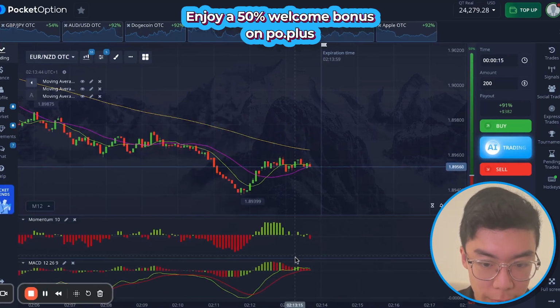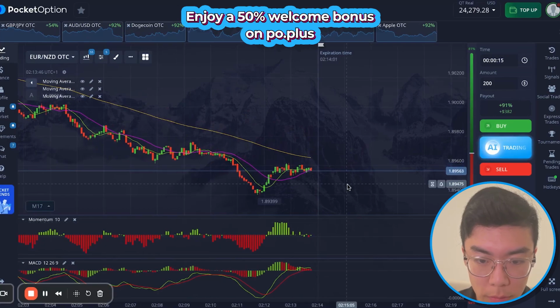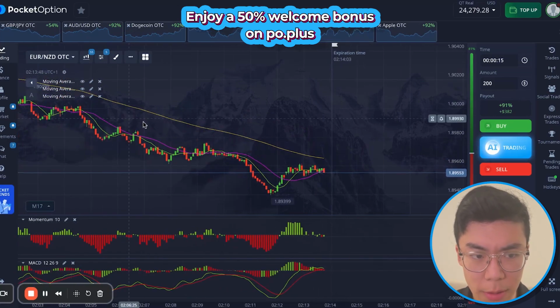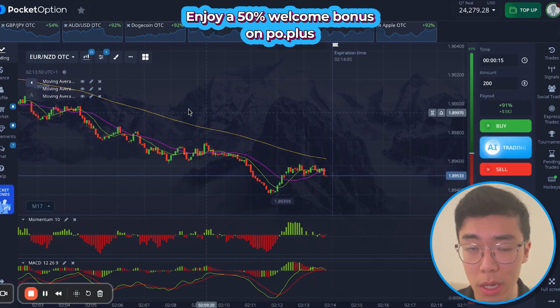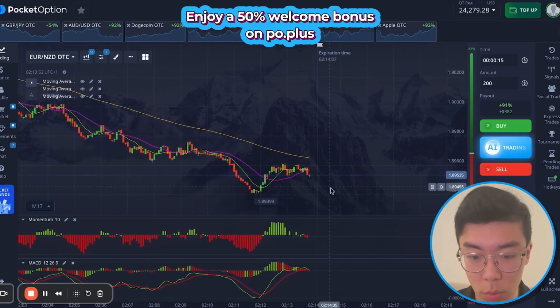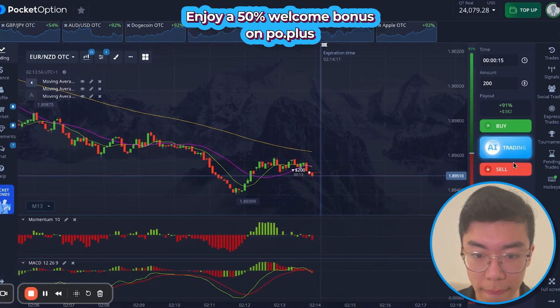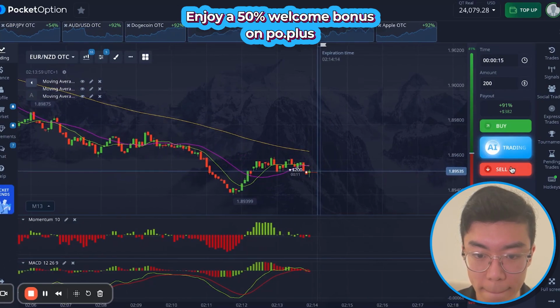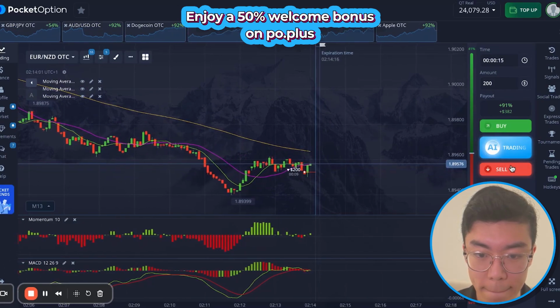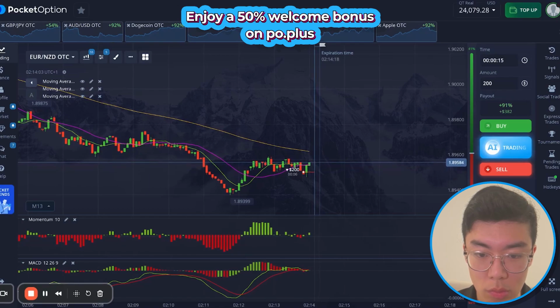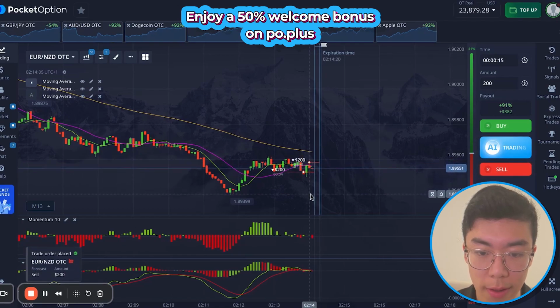Here there might be a crossover downwards. I think this will be very profitable because, as you see, the moving average right here is really downwards. So let's actually do a sell right here. Another sell right there.